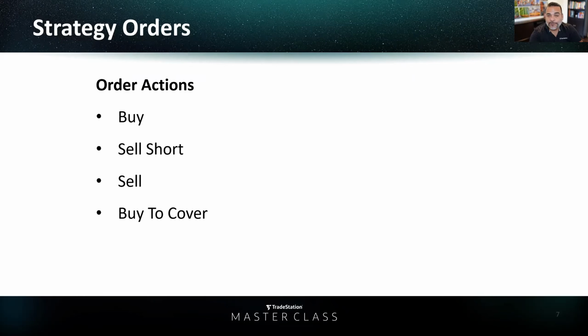Let's suppose that you have a strategy backtest that has a total of 10 trades. Looking at the 40% profitability, that means that 4 of those 10 trades are winning and 6 of those 10 trades are losers.